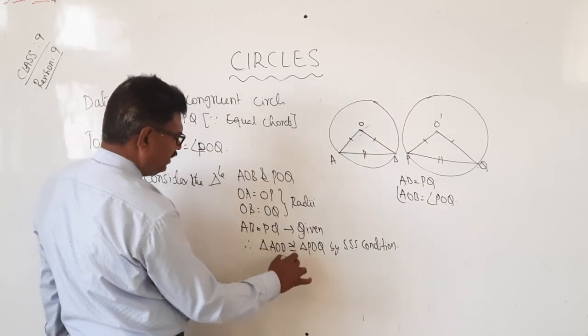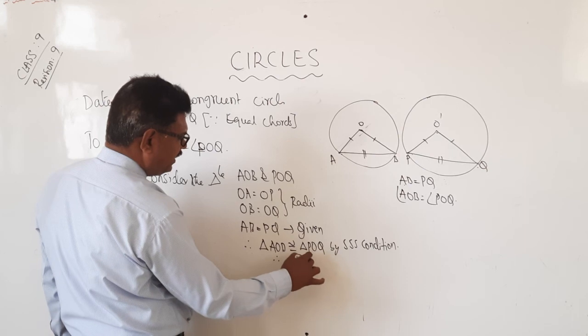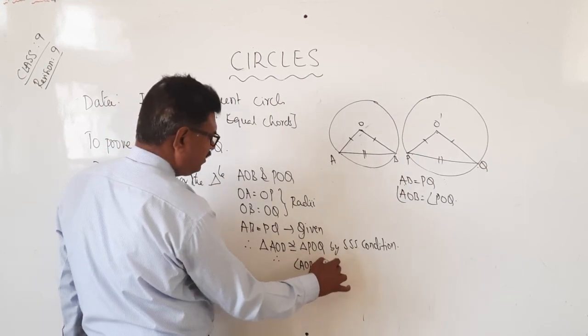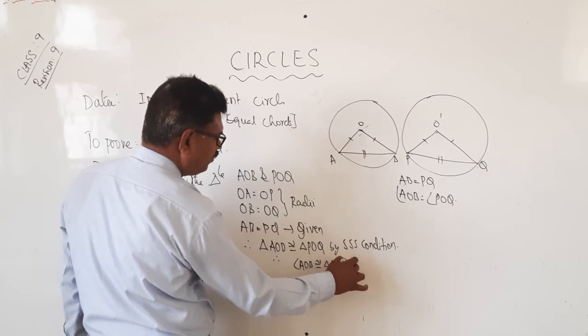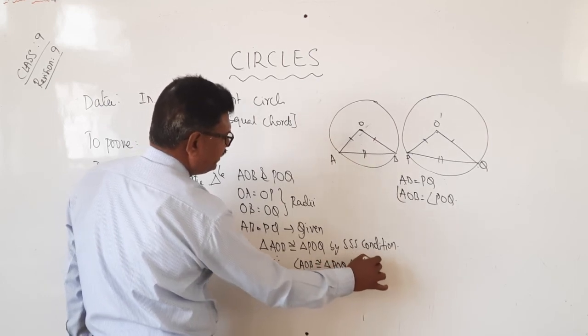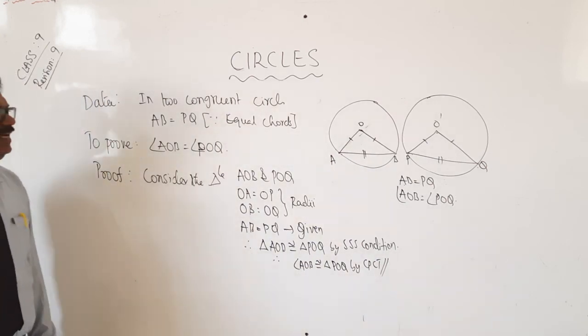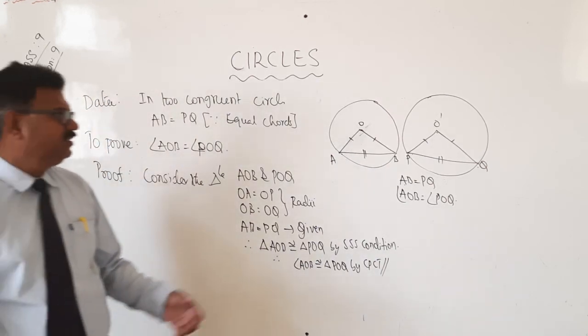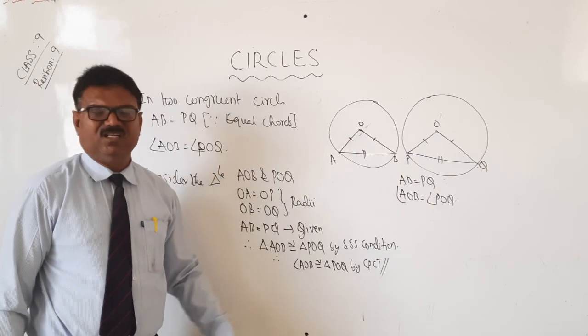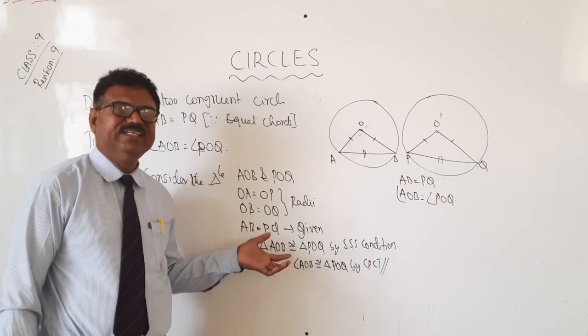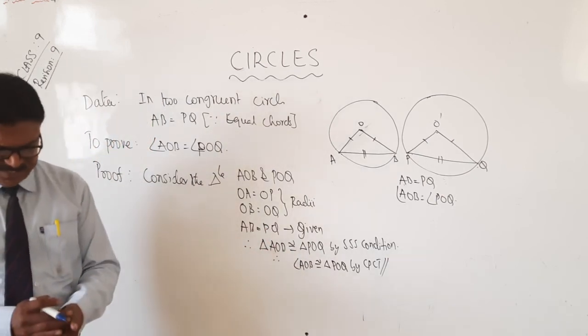Therefore, angle AOB equals angle POQ by CPCT. Okay, na? So like this. In the theorem we have not taken the congruent circles, but here we have taken congruent circles and we are proving the same result. Did you understand? Yes.